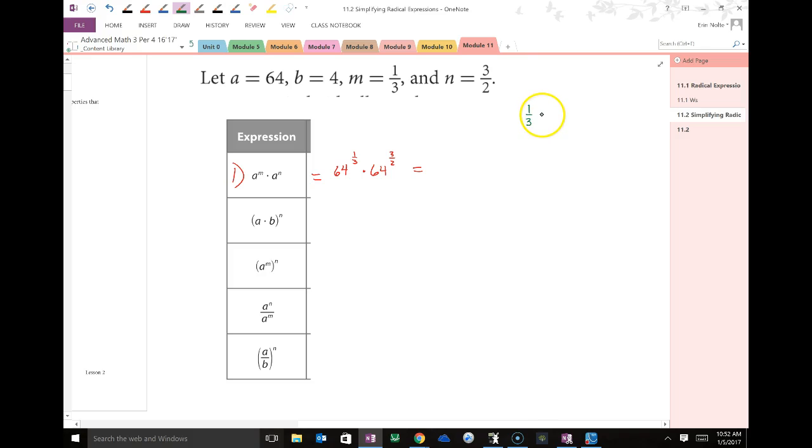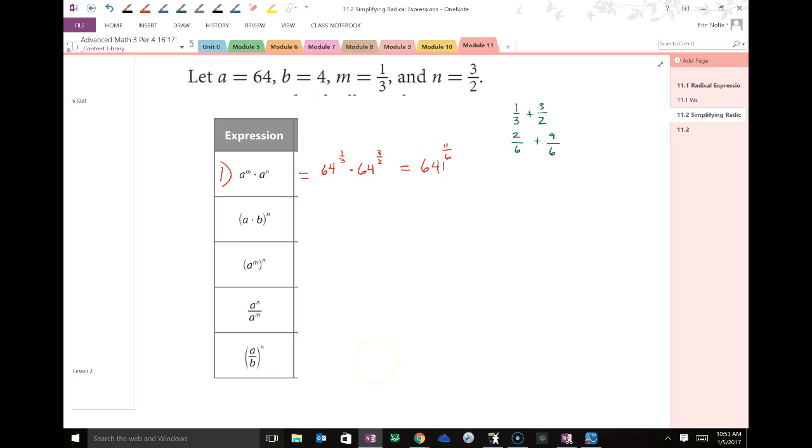I'll just do a little side work. If I have 1/3 plus 3/2, what would my common denominator have to be? 6. So can we all agree that that would be 2/6 plus 9/6? Okay, so back on my red equation, my new exponent is going to be 64 to the 11/6. Good.